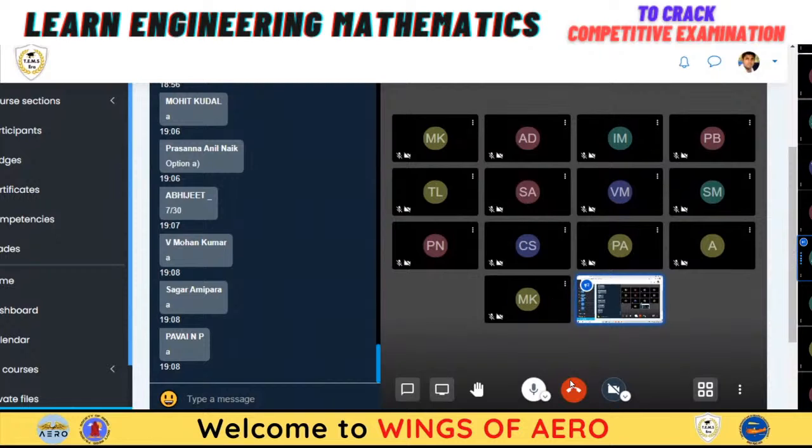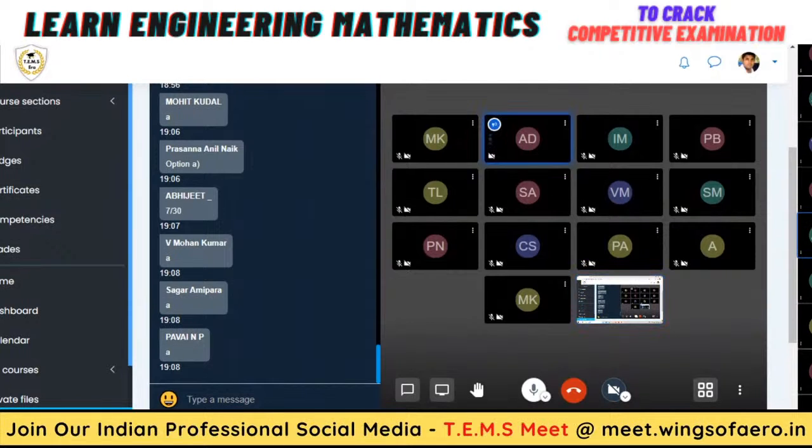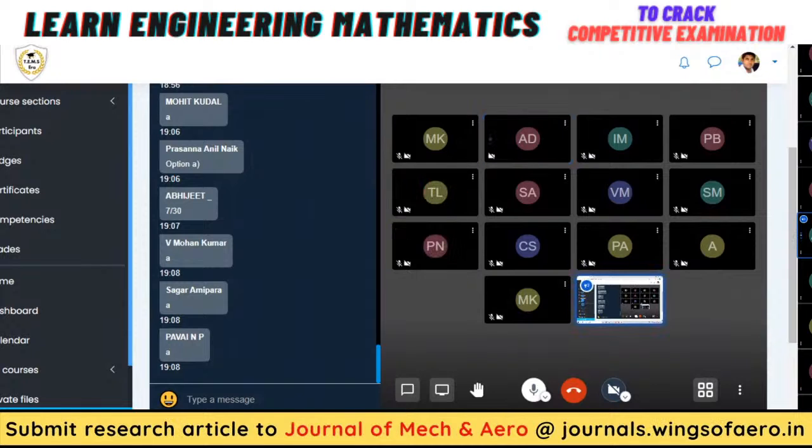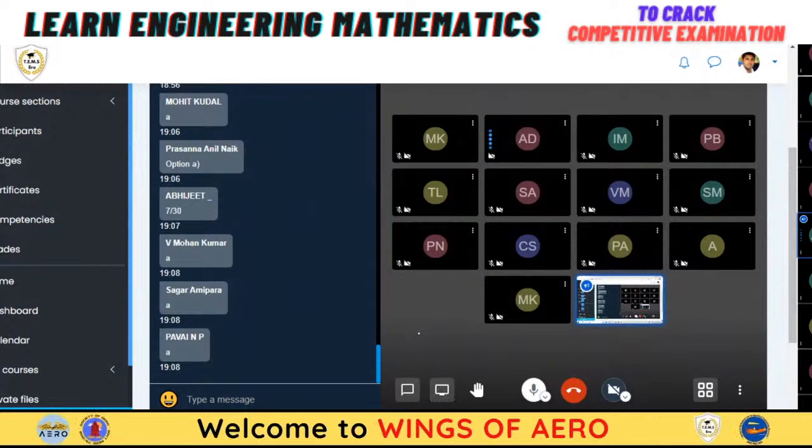Aishwarya ma'am, are you present there? I have a problem. The problem is the screen share. In case of screen sharing, I have to share the whole screen. I can't share again. That problem occurs.